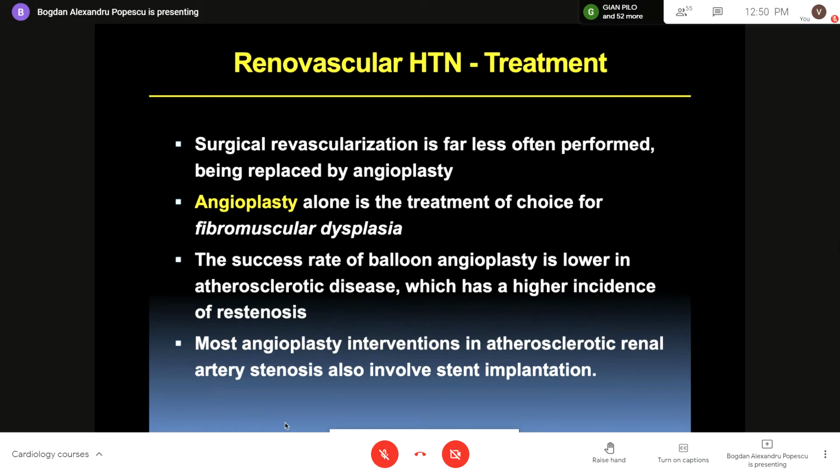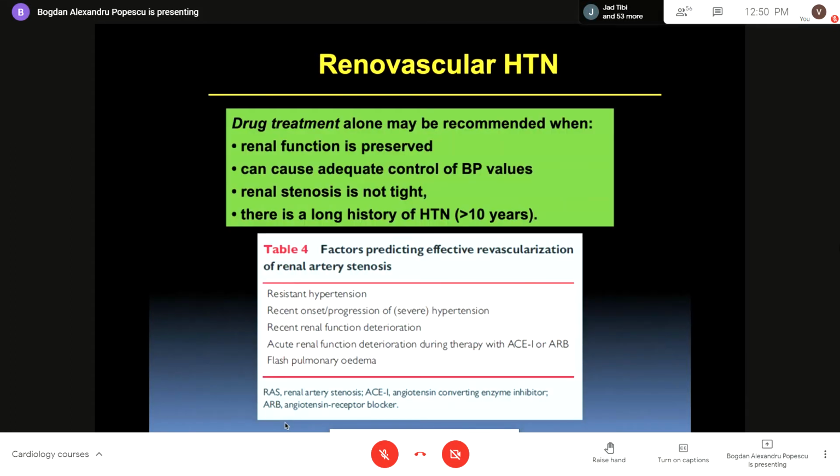The success rate of balloon angioplasty is lower in atherosclerotic disease because this has a higher incidence of restenosis. Most cases of angioplasty will also require stent implantation when atherosclerosis is the cause of renal artery stenosis.